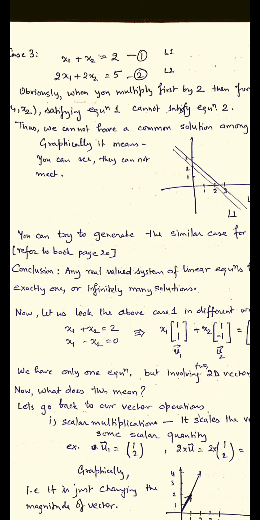So we have a unique solution, no solution, and infinitely many solutions case. Here in this particular case also you can notice the ratio of the coefficients. That comes out to be 1 by 2 for x1, 1 by 2 for x2, but for the constant terms it is 2 by 5, which is not equal to 1 by 2.